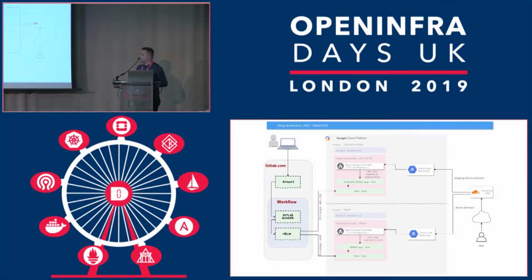The GitLab CI has a defined workflow, and this workflow will be run by a GitLab runner, which will use Helm. So based on the environment scope that is defined in GitLab, the application will be deployed on the development cluster or the production cluster.